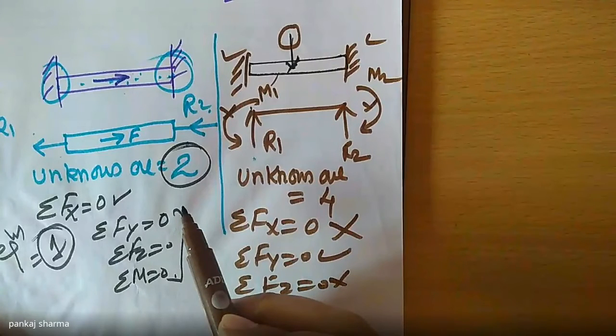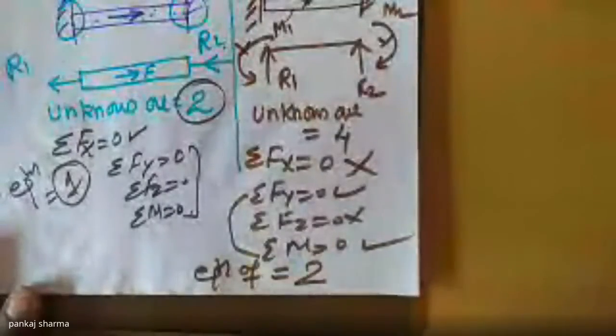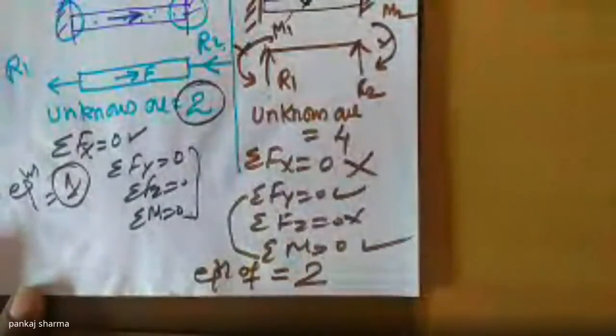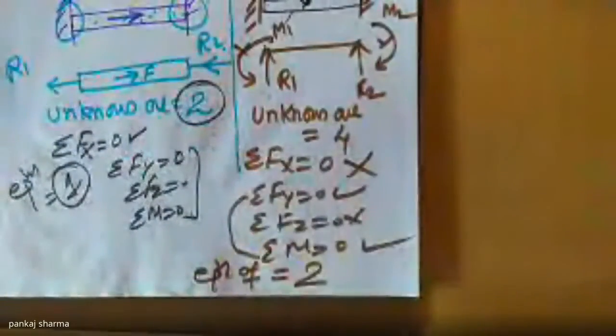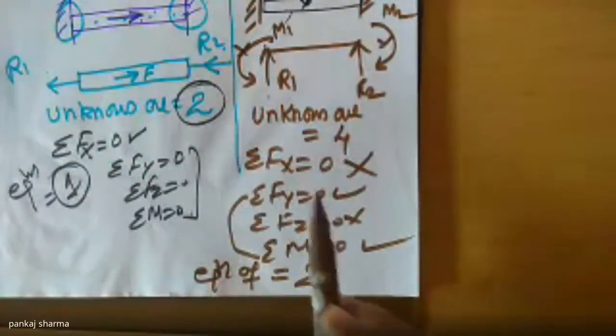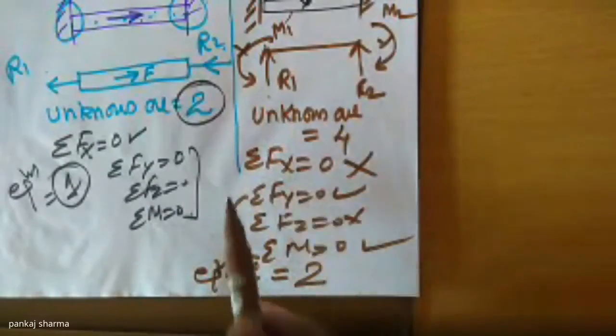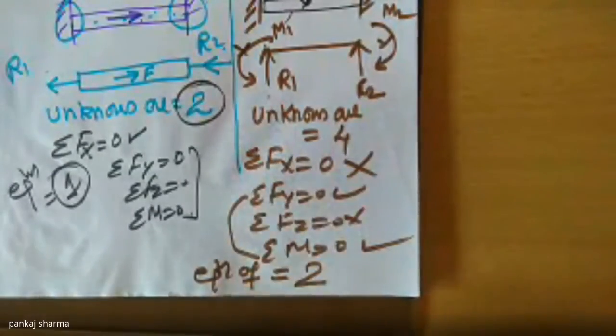So net moment equals 0 is useful. So the useful equations are Fy and M. Only 2 equations are there. So the available equations of equilibrium are only 2, unknowns are 4. So we can't calculate the unknowns with the help of these equations of equilibrium.